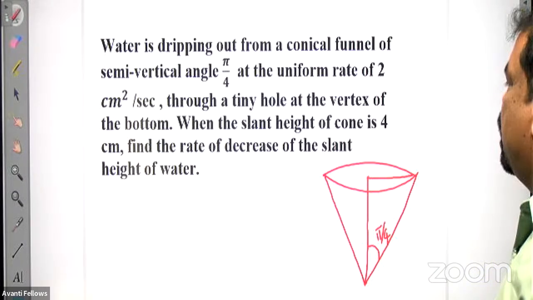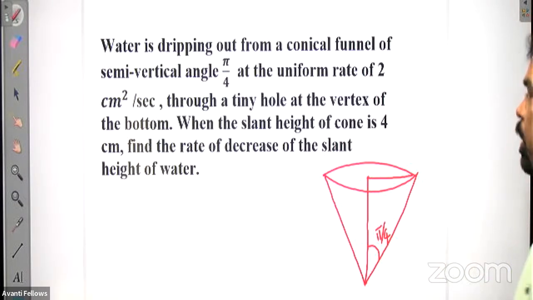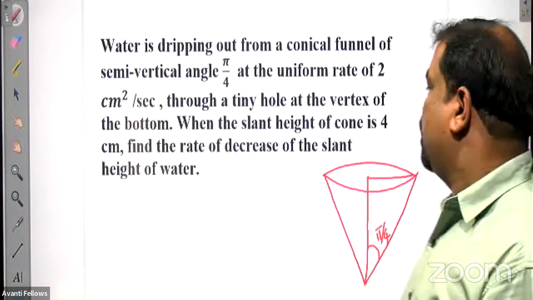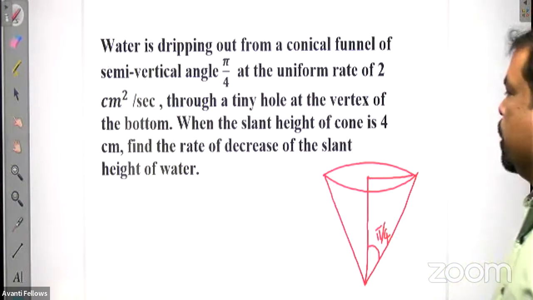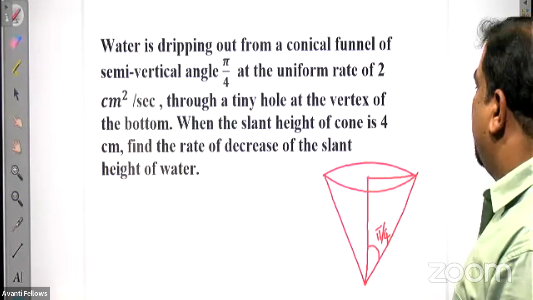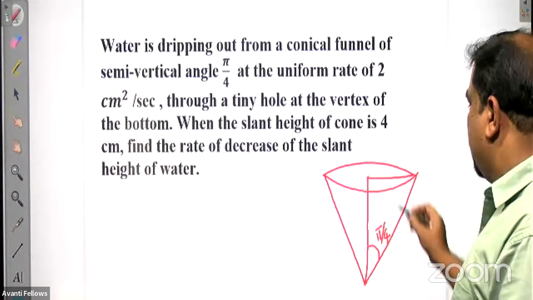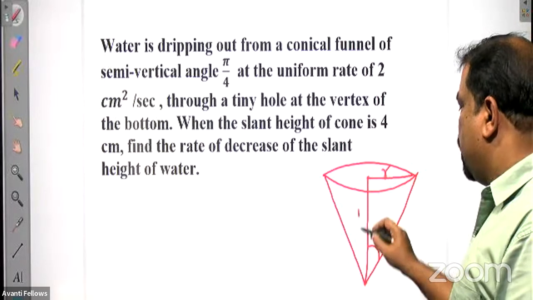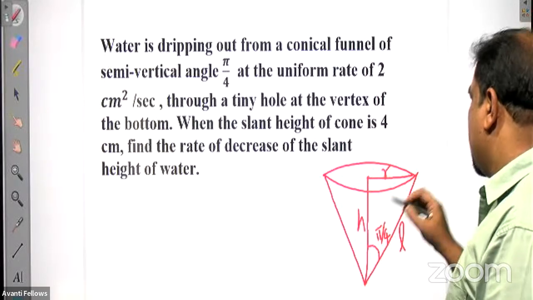We have to find the rate of decrease of the slant height of the cone. The slant height of the water means the slant height of the cone only, at the instant when the slant height is 4. So let us take the radius as r, height as h, and the slant height as l.